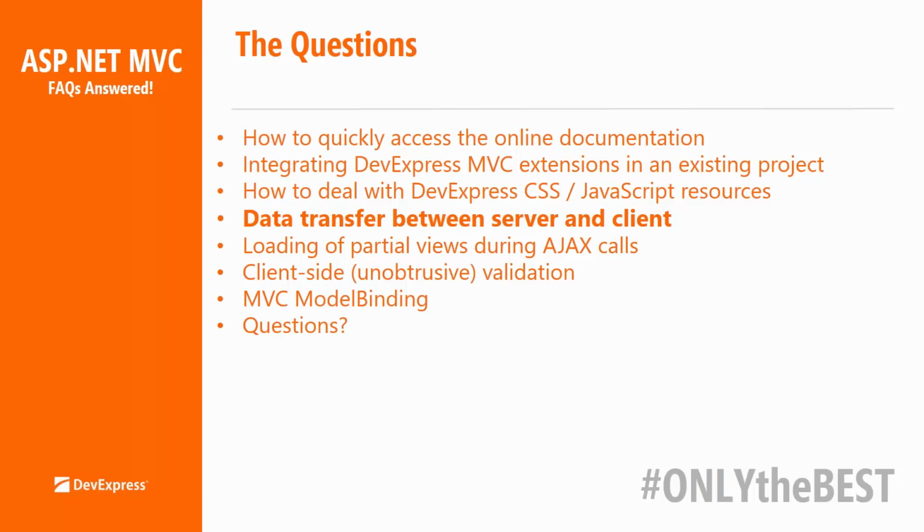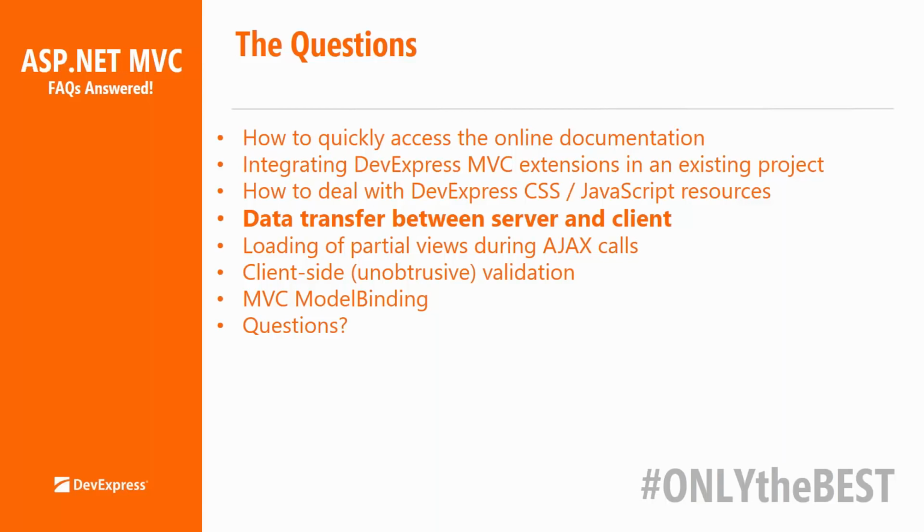All right, I'm going to move over to the next point, which I will actually combine with the loading of partial views during AJAX calls. How can we transfer data between the server and the client? Well, we can obviously use AJAX to invoke certain methods on the server, or we can use the callback methods that are there on the different controls.